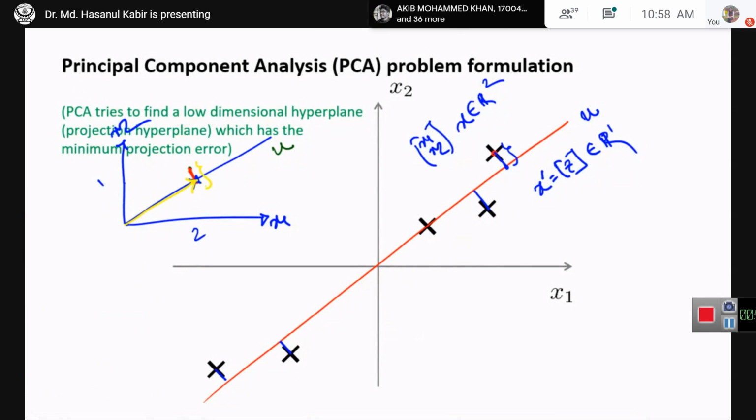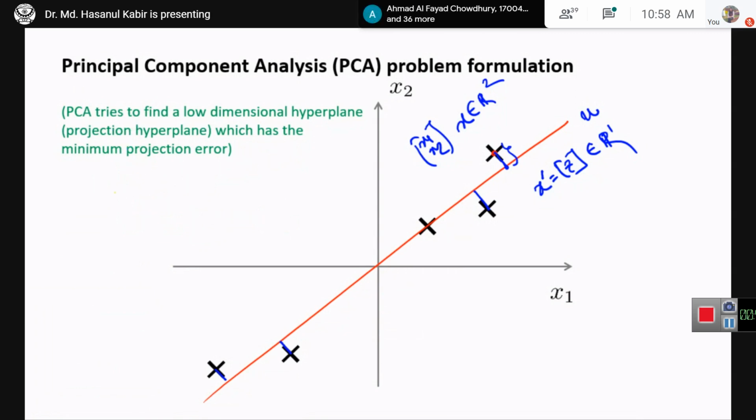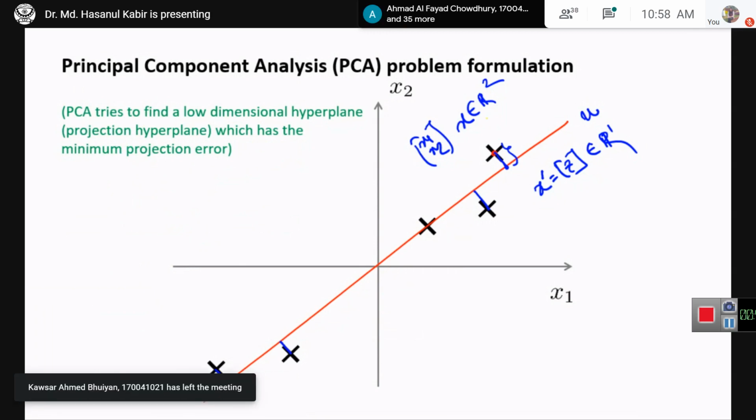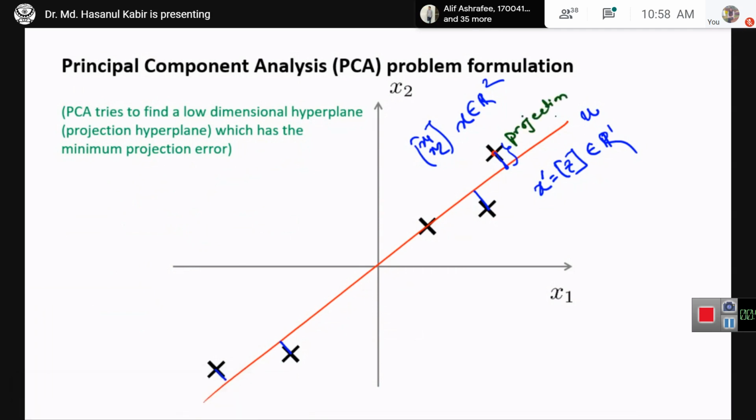No. This difference is called the projection difference or projection error. Do you understand what I'm saying? That means this is basically your projection error. Is it clear? Okay, sir.